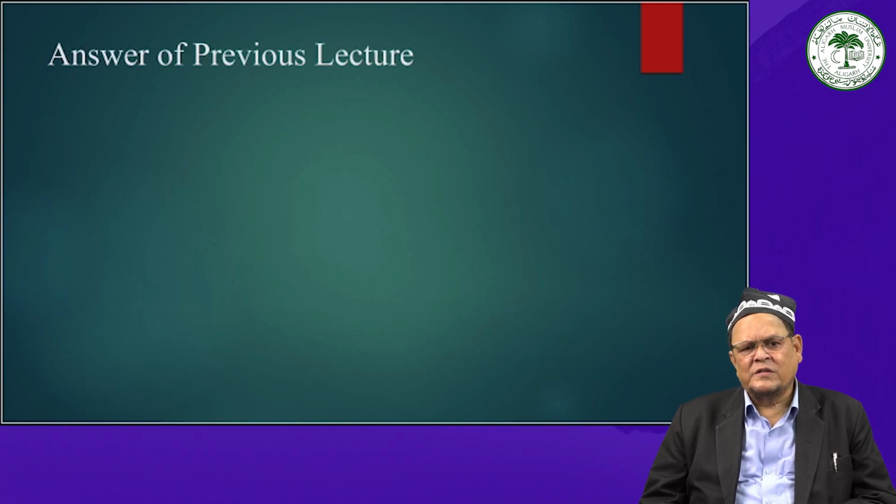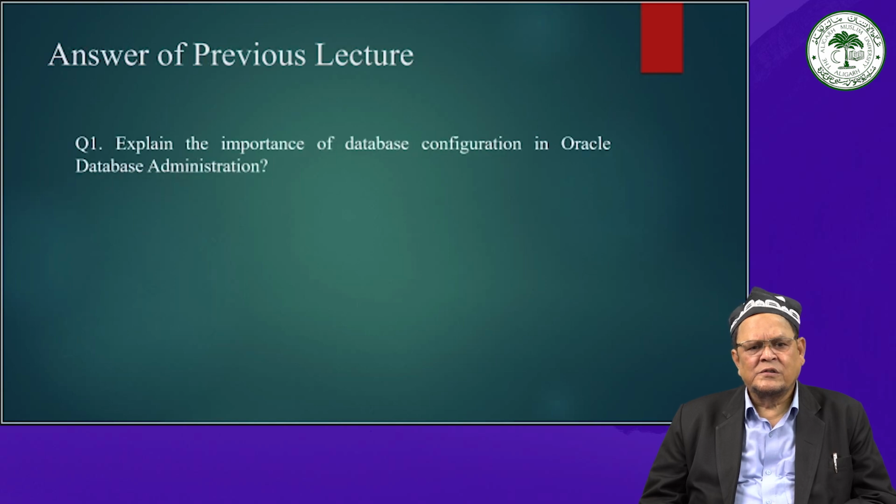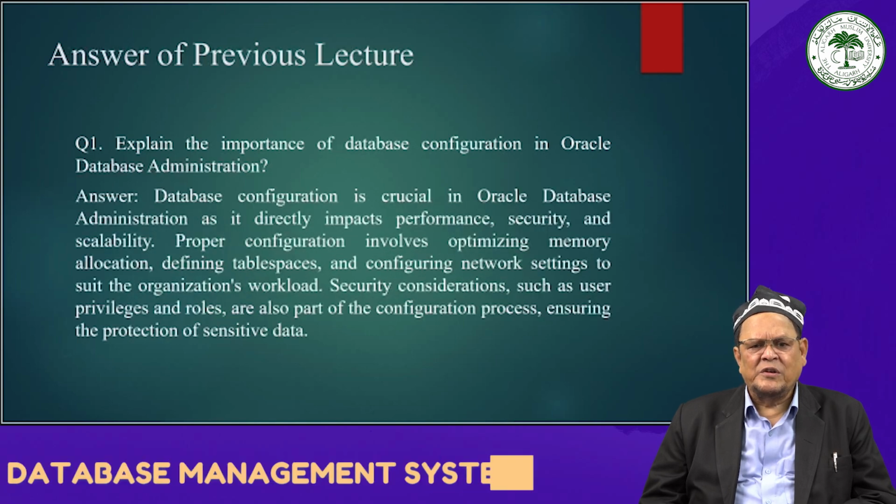The first question was, explain the importance of database configuration in Oracle database administration. The answer is, database configuration is crucial in Oracle database administration as it directly impacts performance, security, and scalability.